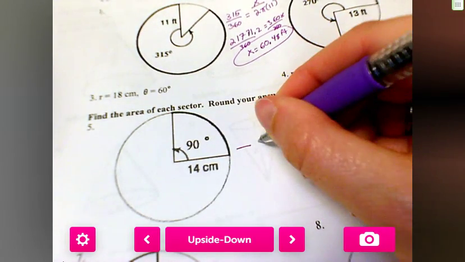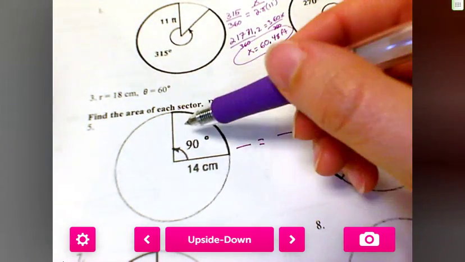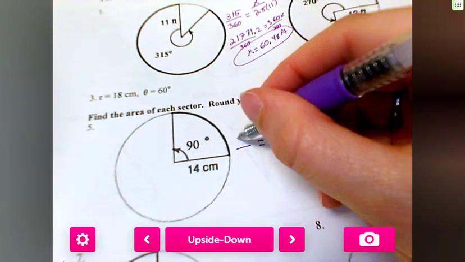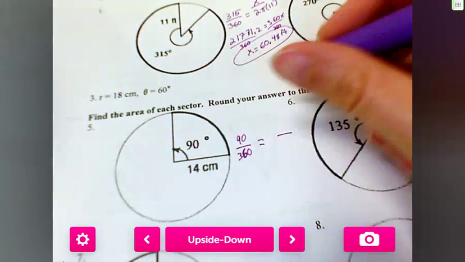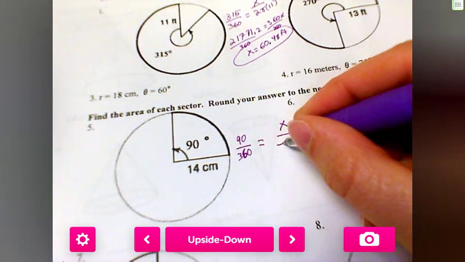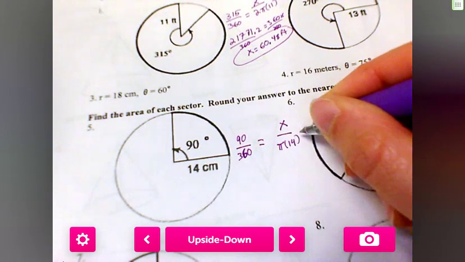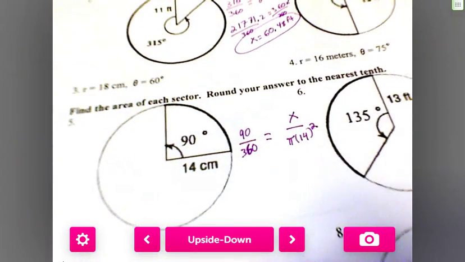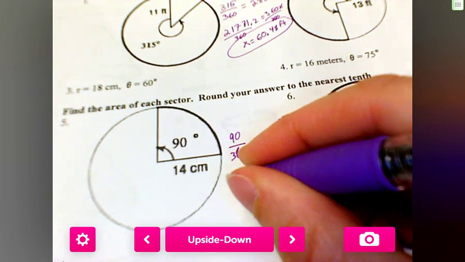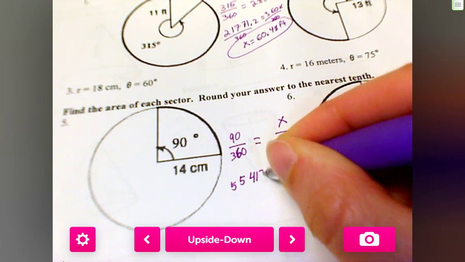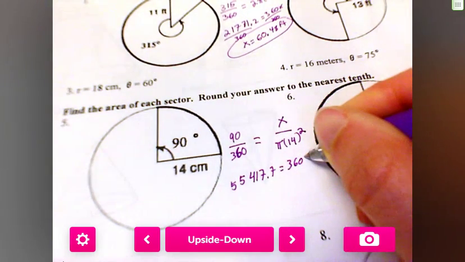Okay, so remember, we're going to do angle, that's 90, over 360, equals, I don't know the area of this sector, so I'm going to say x, over pi 14 squared. Okay, so I'm going to do pi 14 squared times 90, 55,417.7 equals 360x.